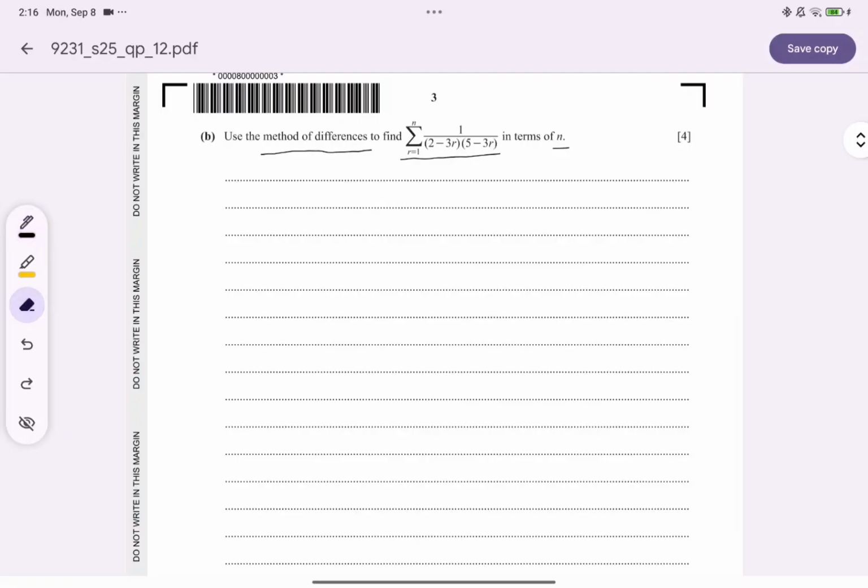And since this is a rational function where the denominator is factorized, we can split this up into partial fractions so that we can express it in terms of differences. So let's do that.